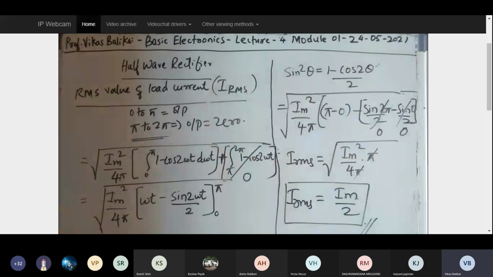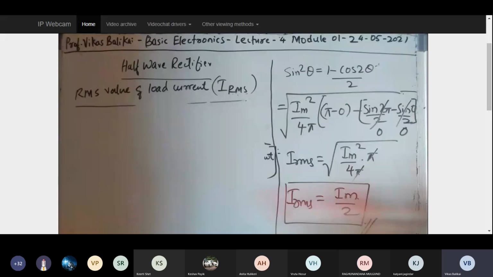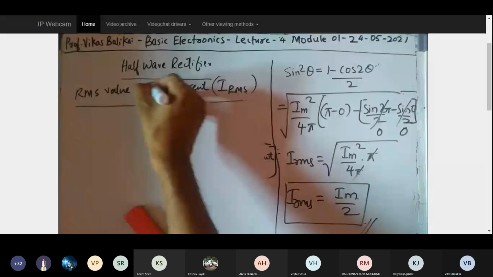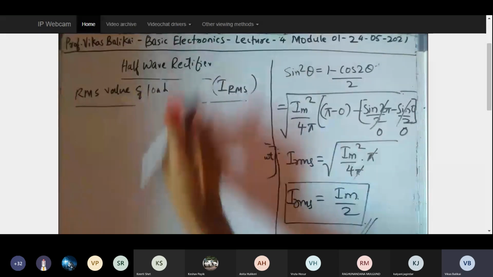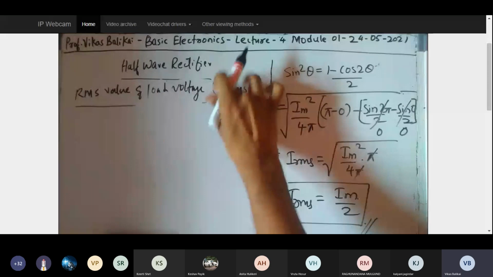Now quickly jump into the RMS value for the load voltage. Just like the load current, we are going to consider the load voltage. Because now I know the load current, calculating the load voltage is not that difficult, because I need to apply some Ohm's law concept over here, and then I can calculate VRMS.